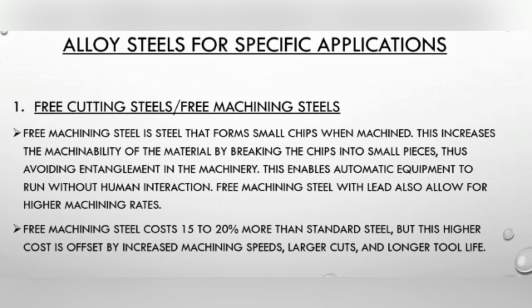And then free machining steel's cost. Its cost is about 20 to 50 percent more than normal standard steels, but this higher cost can be offset by increasing the machining speed, larger cuts, and long tool life.